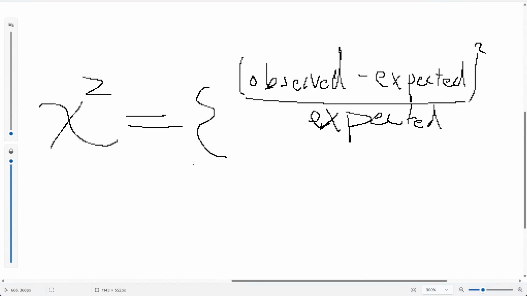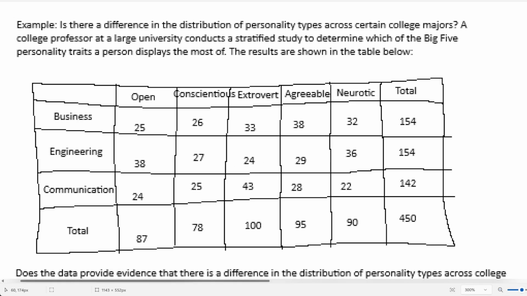The next equation is the chi-square statistic, which is equal to the sum of observed minus expected, squared, over expected. If you ever forget the equation, it's on your formula sheet. So that's pretty helpful.